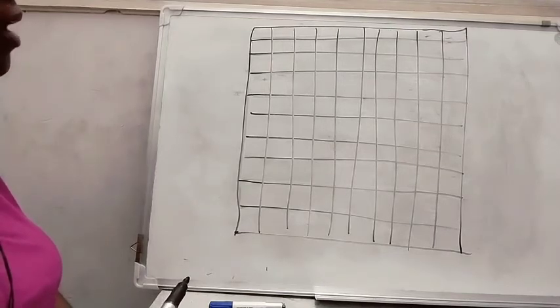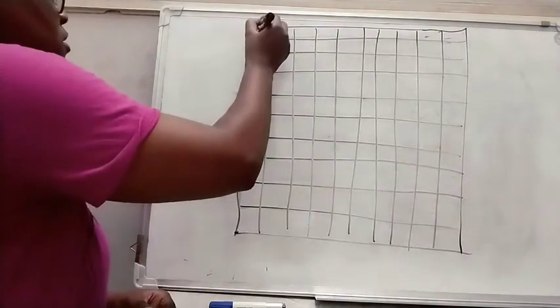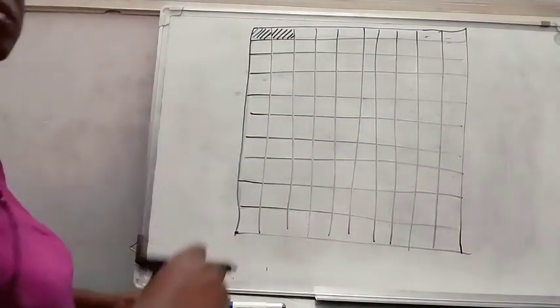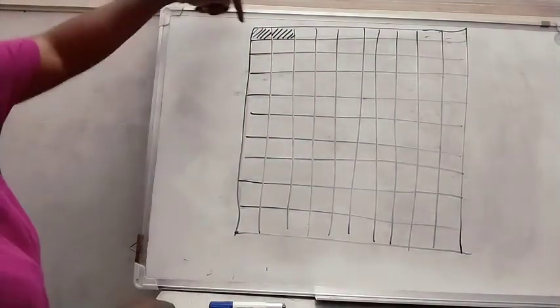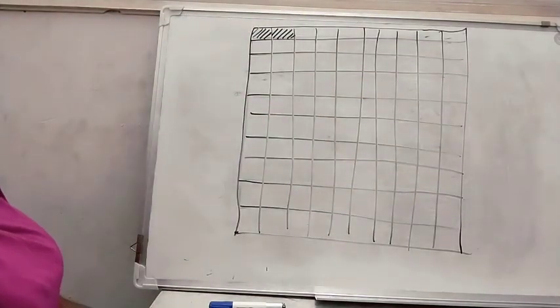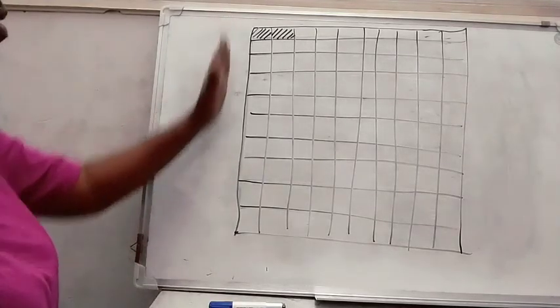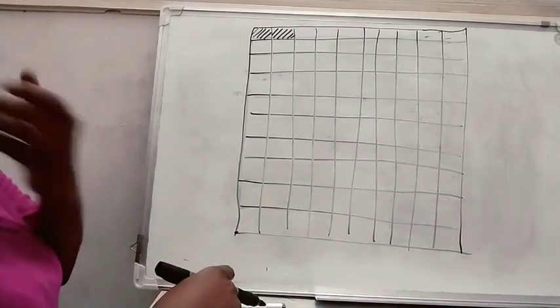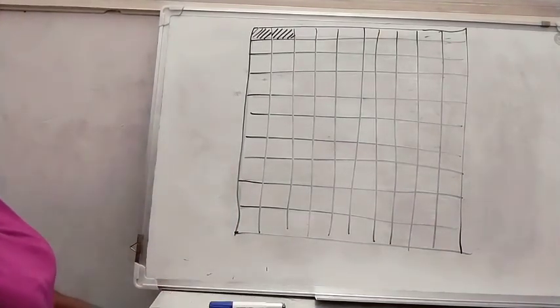So assuming we have 2%, this is how we represent 2% in this diagram. 2% is 2 boxes out of 100 boxes. So if we want to say 50% of this box, that means we'll count 50 boxes out of this whole problem.